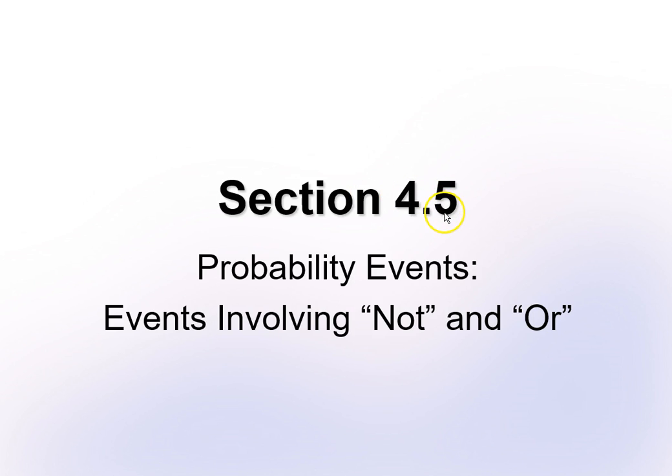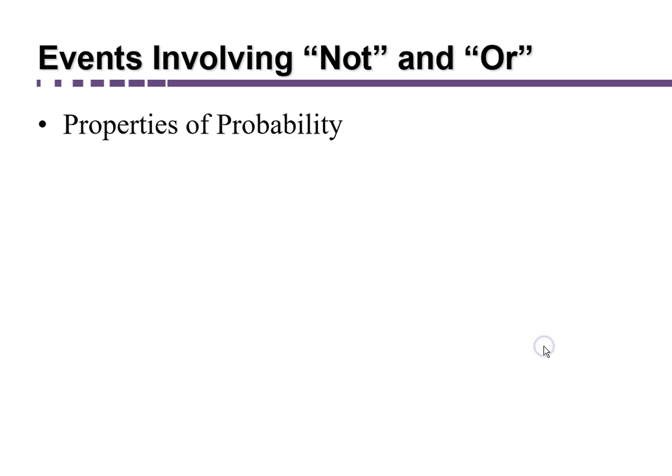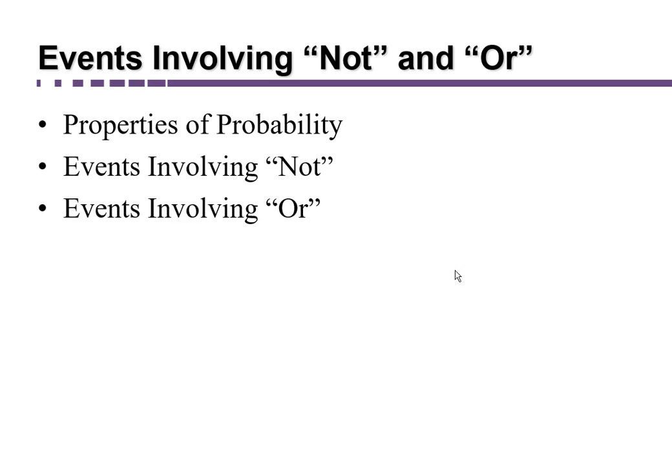In section 5 now of Unit 4, we're going to look at probability a little bit more and events involving the words not and or. So we'll look at properties of probability, events involving not, and events involving or.